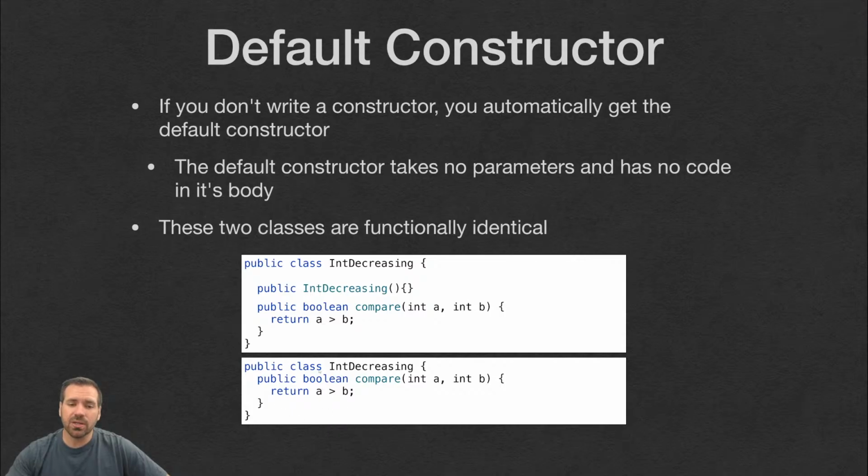If you don't write a constructor, that's equivalent to getting the default constructor, which is public, takes no parameters, and has an empty body. So these two classes are identical. They do the same exact thing. We would get the default constructor for free without having to write it. This is the third time it came up in the class, so I don't think I have to dwell on this too much. But here it is visually: we get the default constructor for free without having to type it.